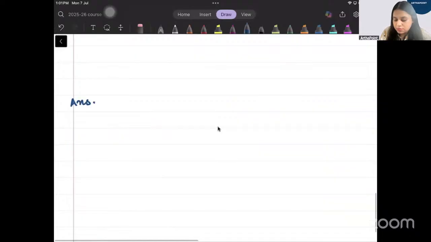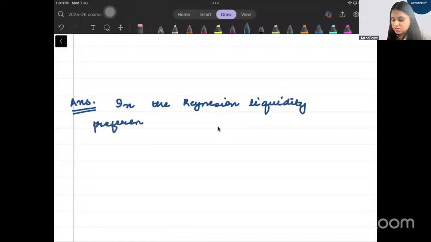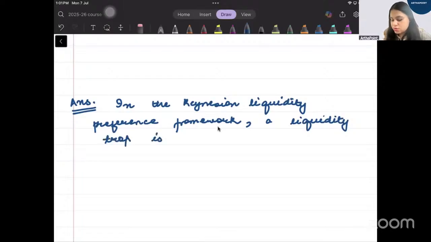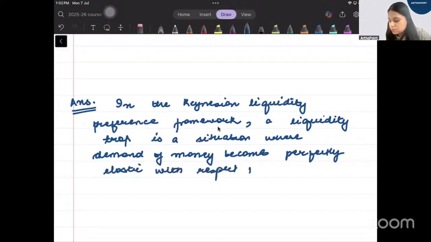Let's start. Adhere to the word limit, right? So you begin by saying that in the Keynesian liquidity preference framework, a liquidity trap is a situation where demand for money becomes perfectly elastic with respect to interest rate, right?